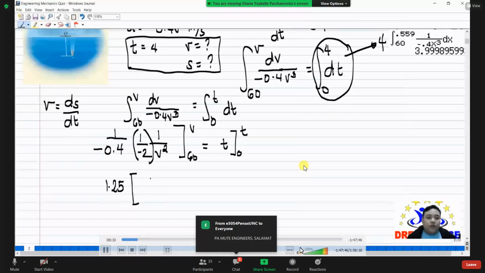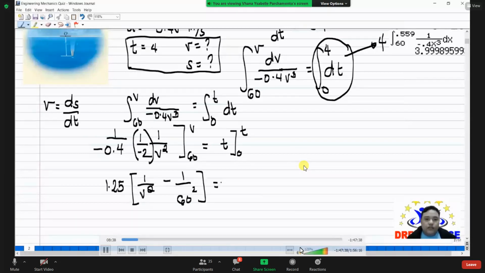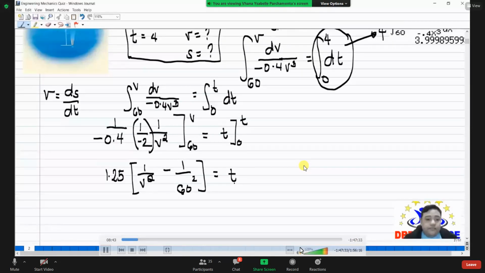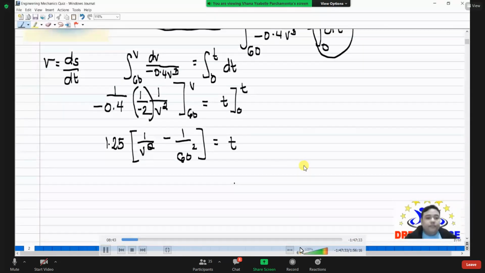So, that is 1 all over v squared minus 1 all over 60 squared. That is equal to t minus 0 or that is t. Okay? So this will become 1.25 over v squared minus 1.25 all over 60 squared is equal to t.